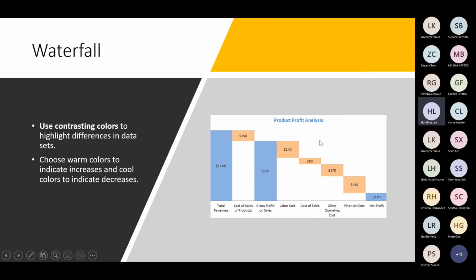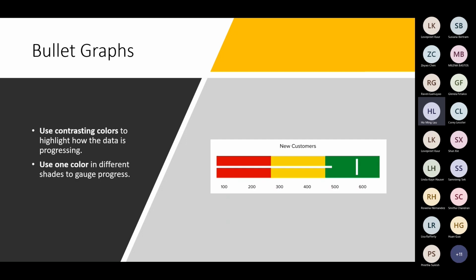And as soon as you see the chart, you will know that these are the negative ones. Mostly they are colored either red or something, not green or blue. And choose warm colors to indicate increases and cool colors to indicate decreases. So those are the two principles that you need to bear in mind when you are using a waterfall chart.